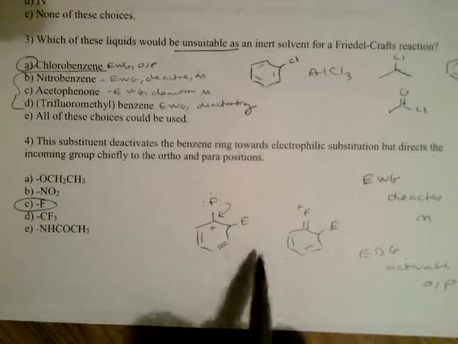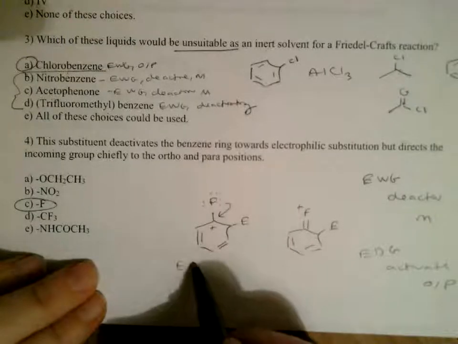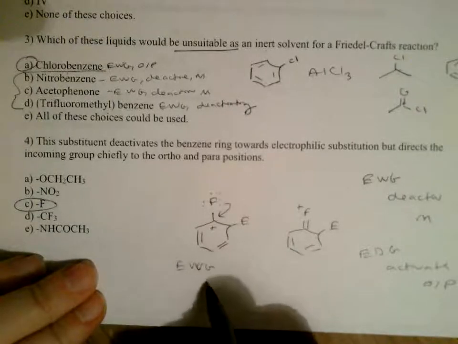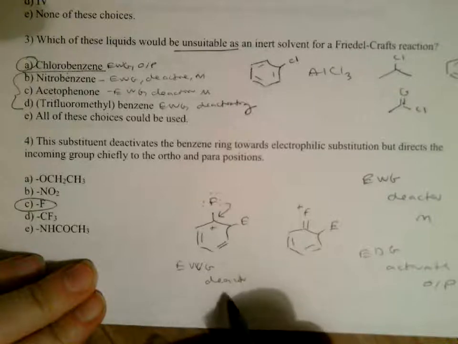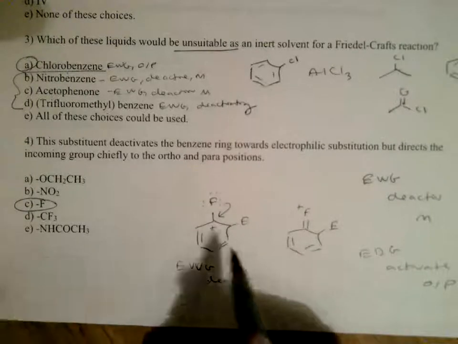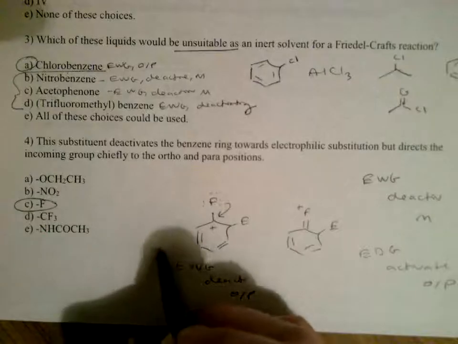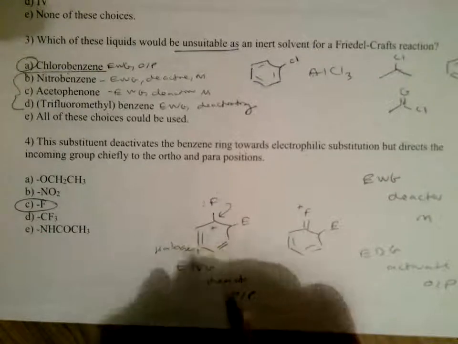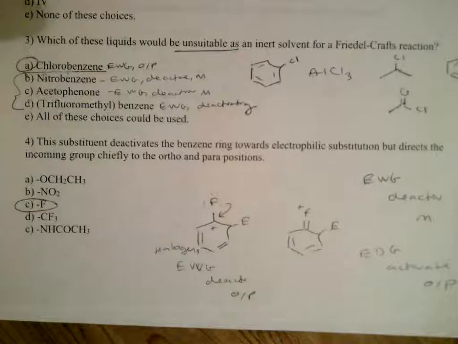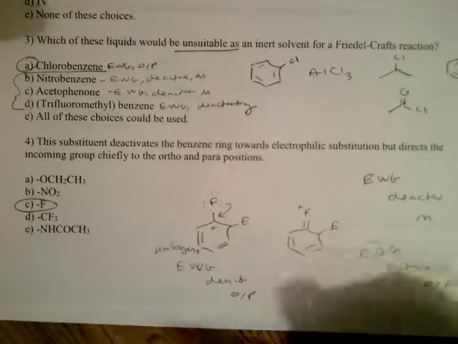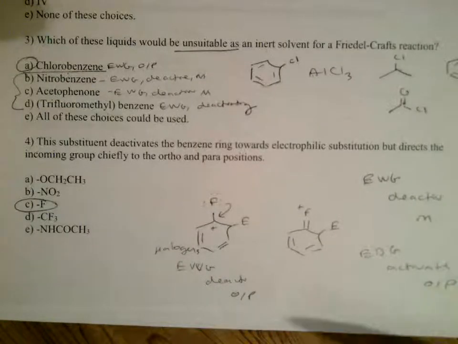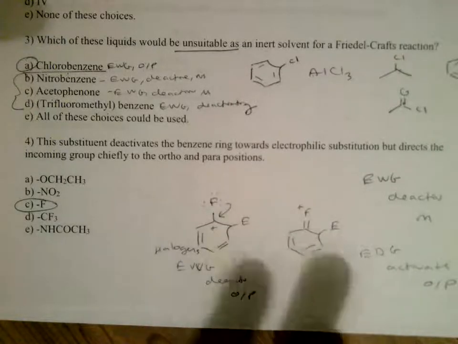This is the only exception, that it's electron withdrawing, it's deactivating, but it's an ortho para director. Halogens are the exception. Now, when I say activating, what that means is it's making it more active in a reaction. So it's adding electron density because in your electrophilic aromatic substitutions, the benzene ring is the thing attacking. So it needs more electrons. So that's why I call it activating.